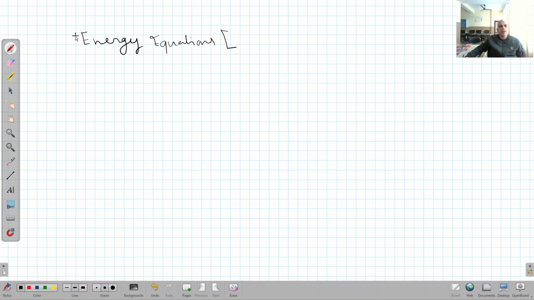So first of all, we are deriving the first energy equation. Clear? That will tell us about the change in internal energy with volume.